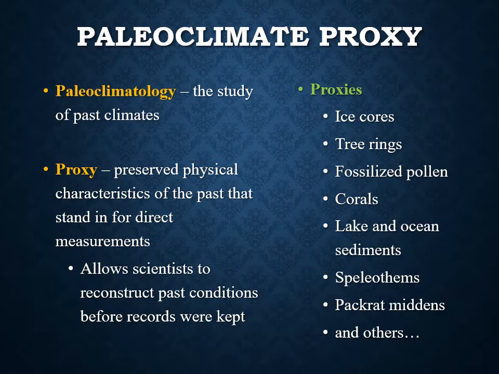So for study of past climate, we have to look for the indirect evidences, because as a human being we cannot go directly to the past, and these indirect evidences give us the information about the past climatic conditions.